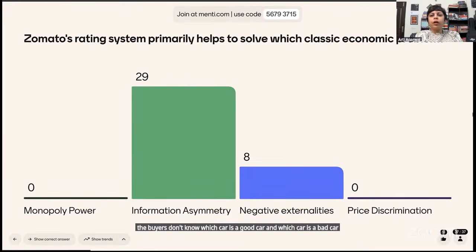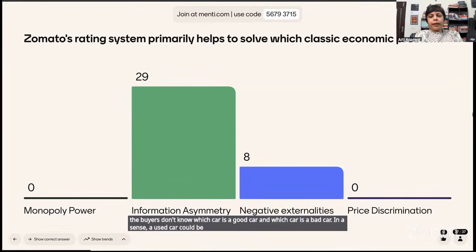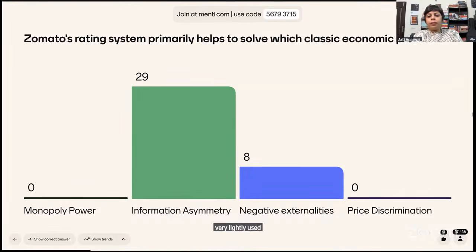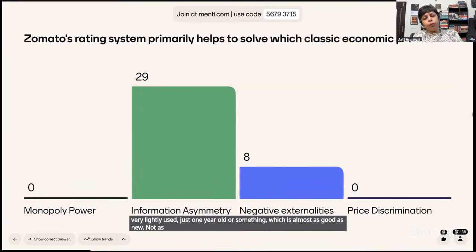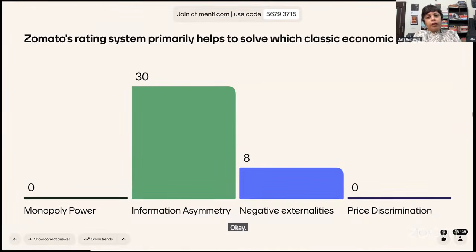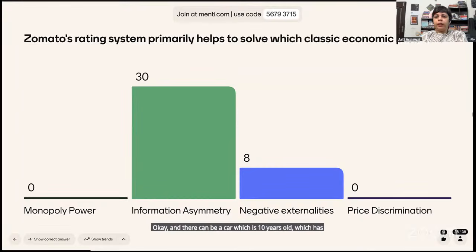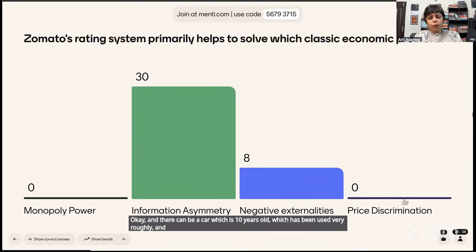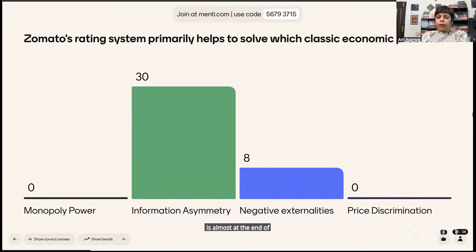A used car could be very lightly used, like just 1 year old, which is almost as good as new. Not new, but close enough to new. And there can be a car which is 10 years old, which has been used very roughly and is almost at the end of its life, right? But as far as labels go, they are both labeled as used cars.